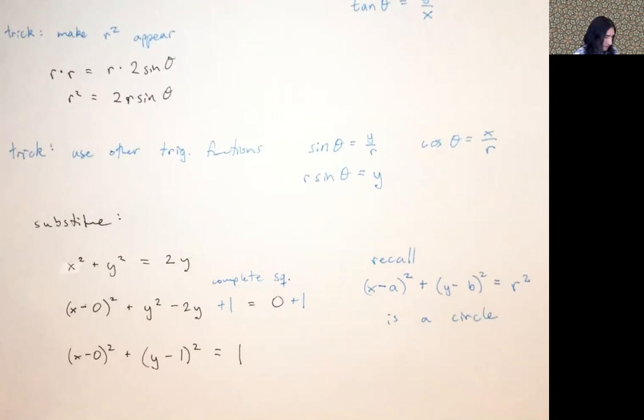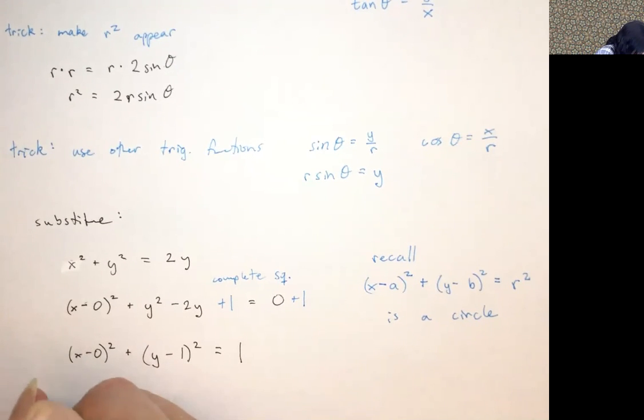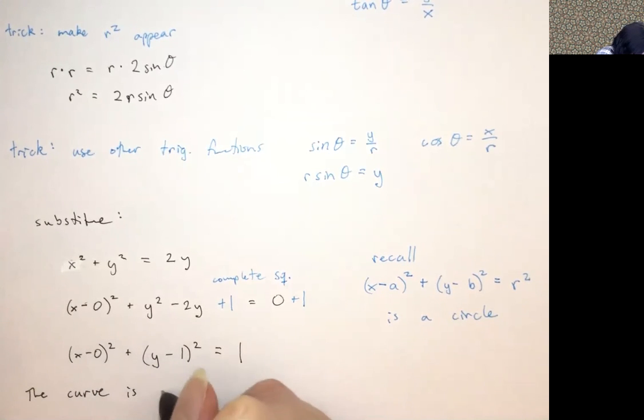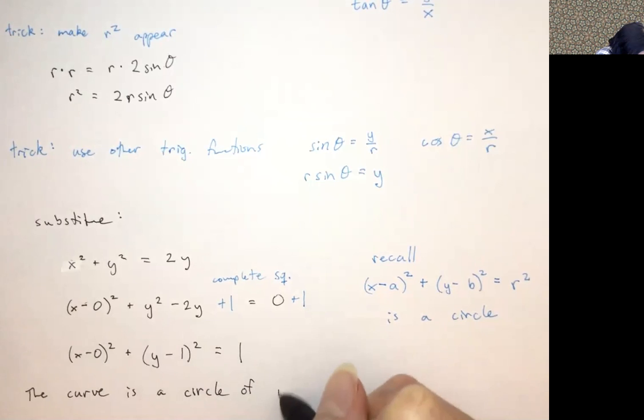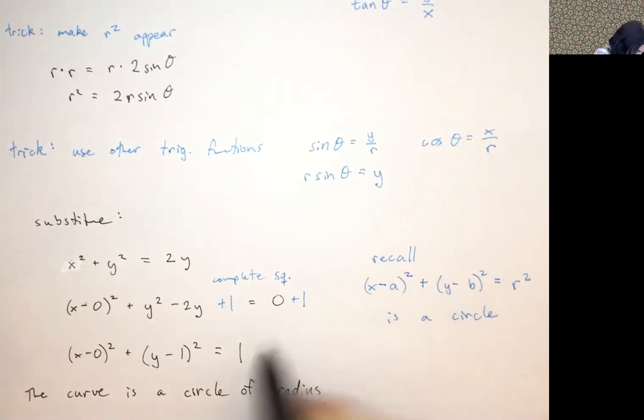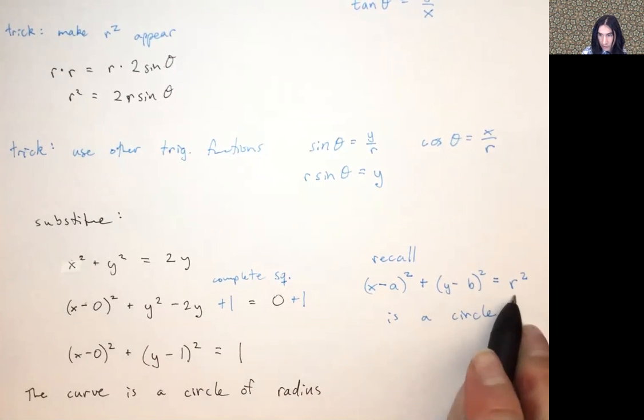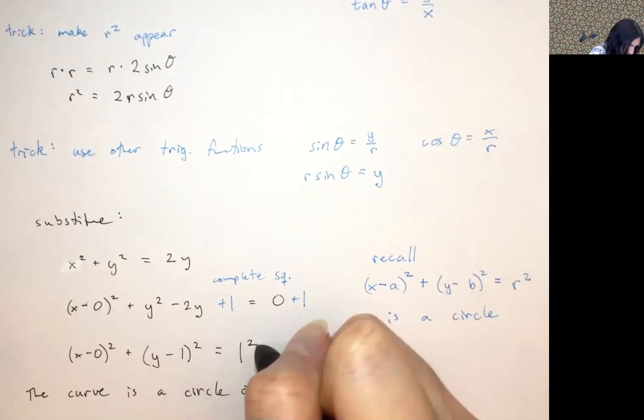And that tells us this is a circle of radius, okay, the radius is whatever you're squaring to get the number there.